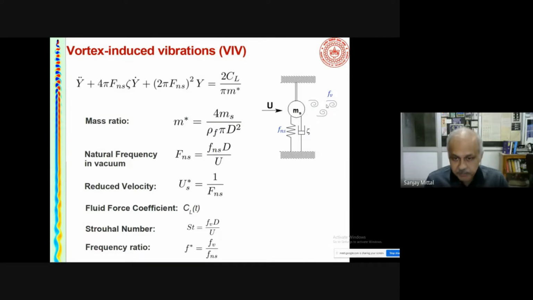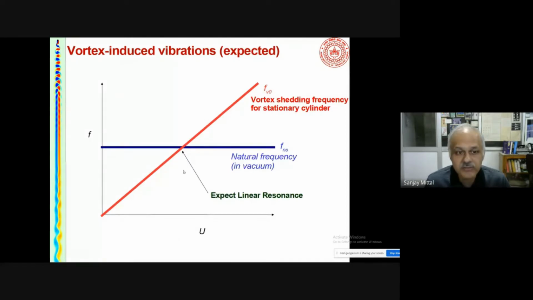So here is a picture of the frequency with speed. This is a dimensional plot, so f is the dimensional frequency, U is the dimensional speed. Typically what happens if you do these experiments in a wind tunnel, the vortex shedding frequency would linearly increase with the flow speed, such that the Strouhal number would be constant.